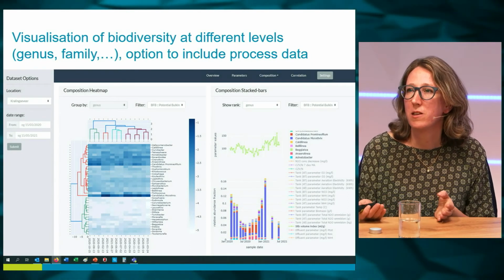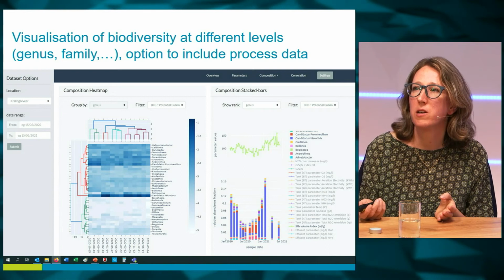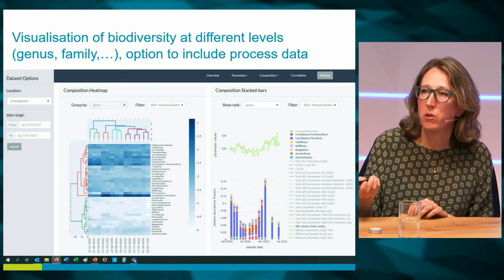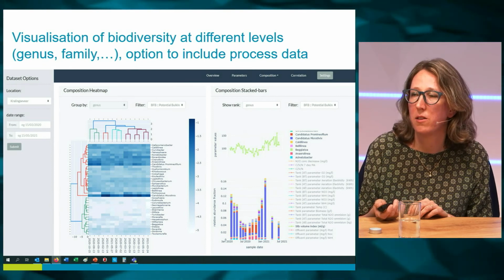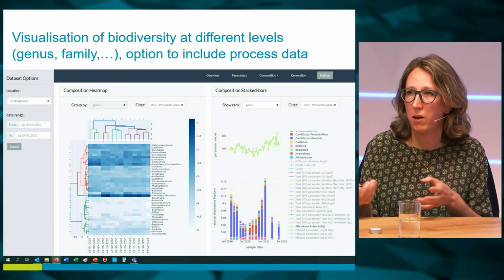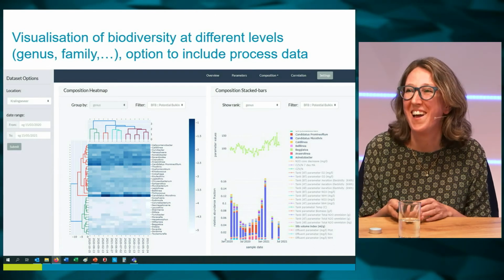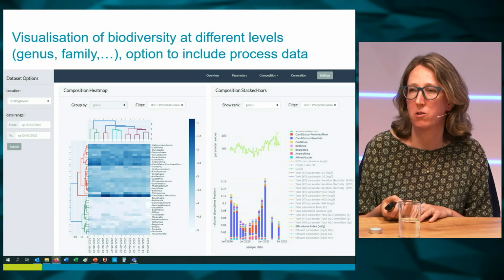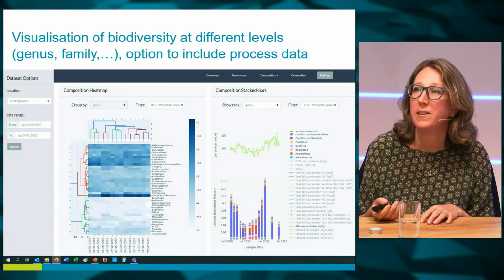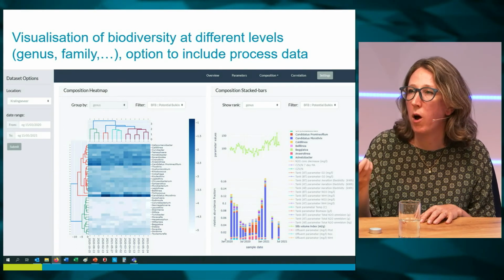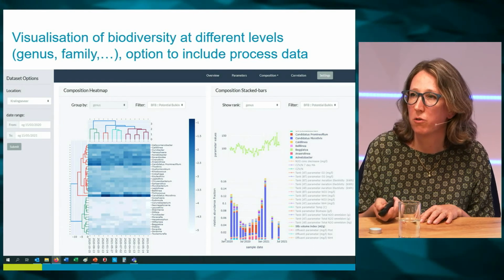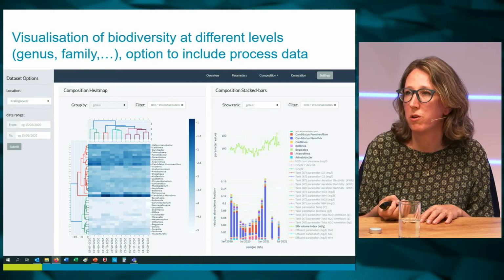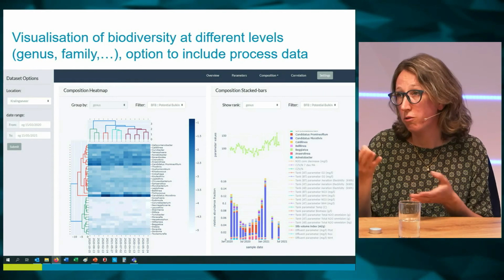So in this dashboard, what we have is various visualizations. I won't go into all detail, but here on the left you can just see the taxonomic heat maps of various taxonomies on genus level. But you can also put it on different taxonomic levels if you want to go a bit higher. As well as on the right, you get these bar charts. So every bar is a different sample, and the combination of different genera gives you different colors.